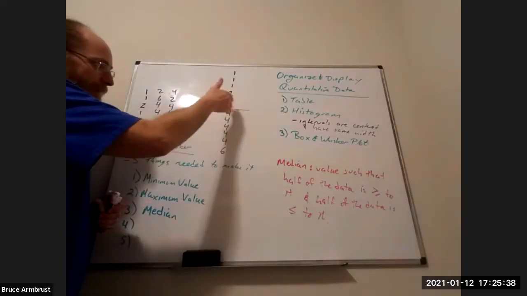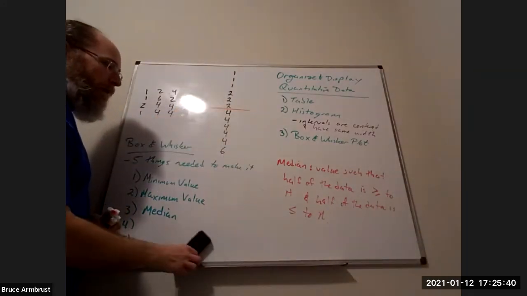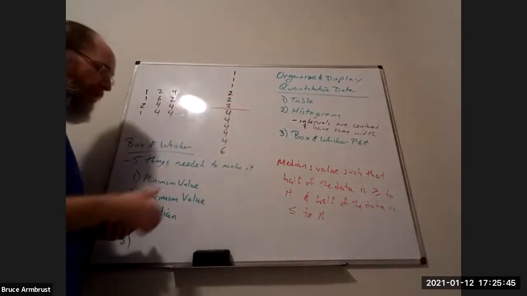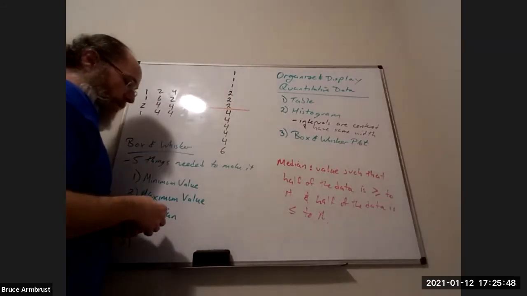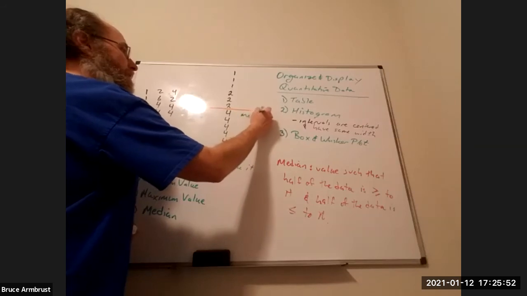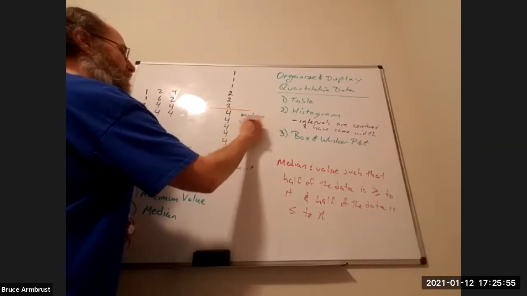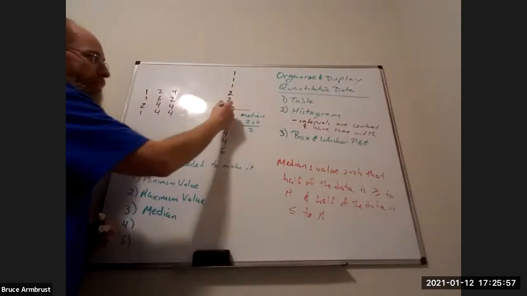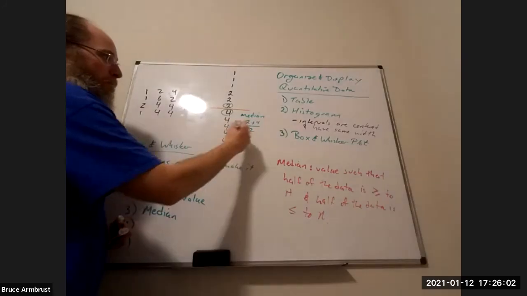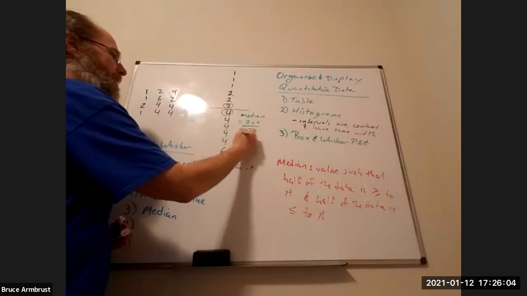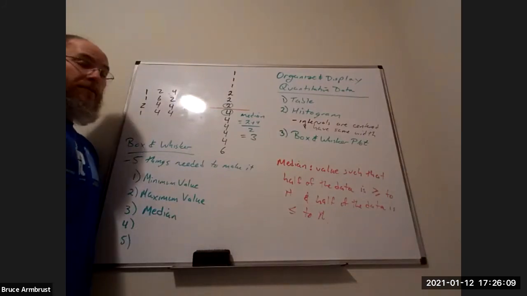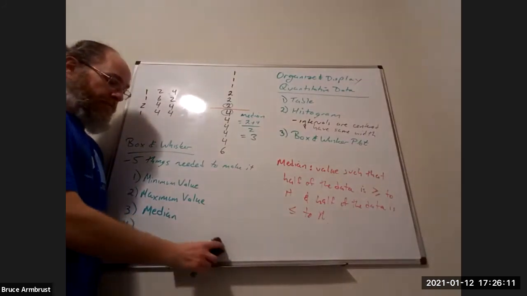It's exactly in between 2 and 4. So the way that we calculate this median is we take the average of these two numbers. So the median is going to equal 2 plus 4 divided by 2. Well, 2 plus 4 is 6. 6 divided by 2 is 3. So the median of this data is 3.